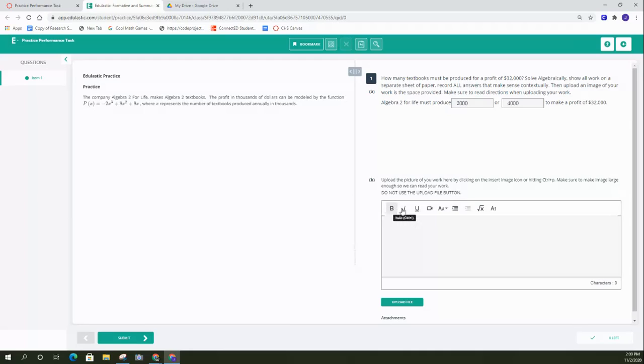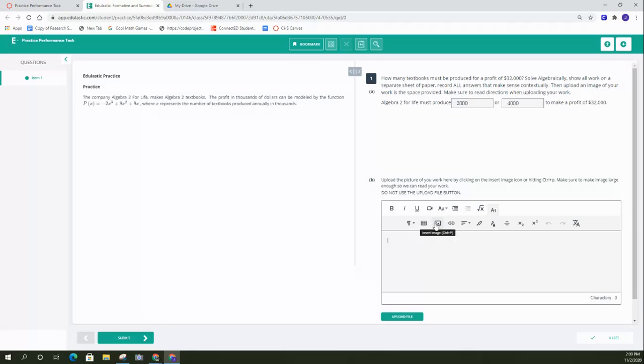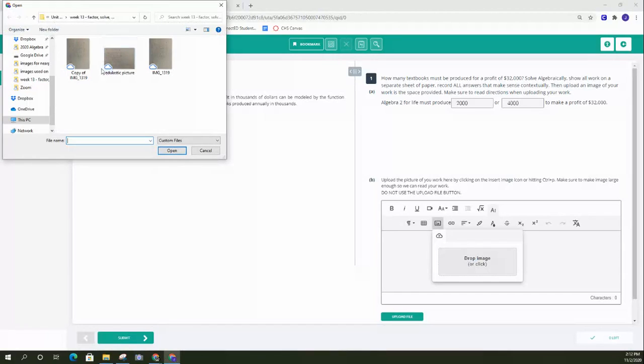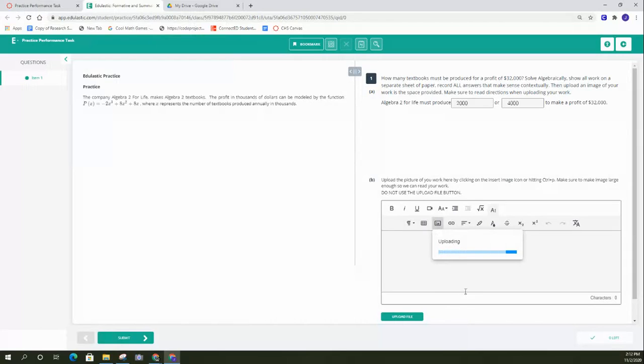As you're looking up here for the insert image icon, it's not there because it's underneath this more button, and there it is right there. You could also open that by hitting Control P, and it says drop image or click. If you just put it on there, it might be down there for you to drag, and it loads the image in there.